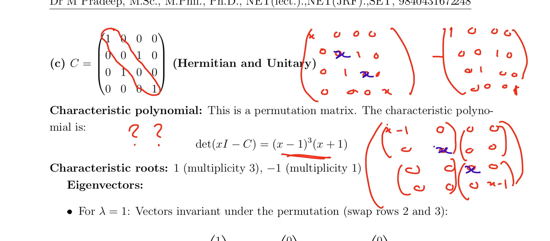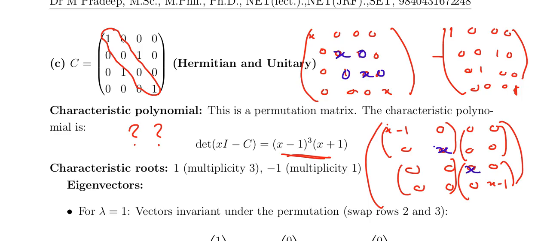Okay, so then these are all 0, sorry. Okay, sorry, I multiplied all these. That is the xI. So this is the x, x minus 1.